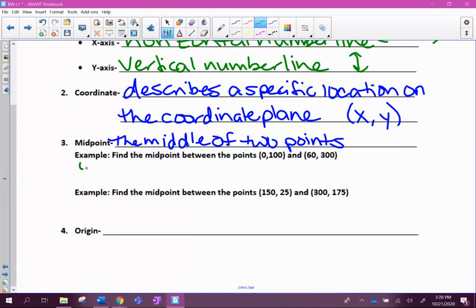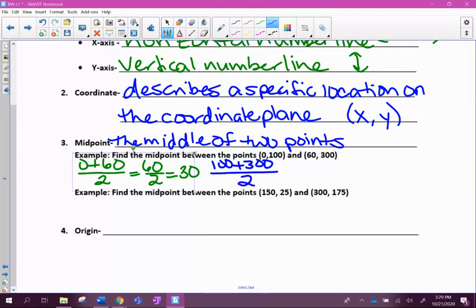So I have 0 plus 60 divided by 2. That's going to give me 60 divided by 2, which is 30. And then I'm going to find the average of the y values. So 100 plus 300 divided by 2 equals 400 divided by 2, which is 200.